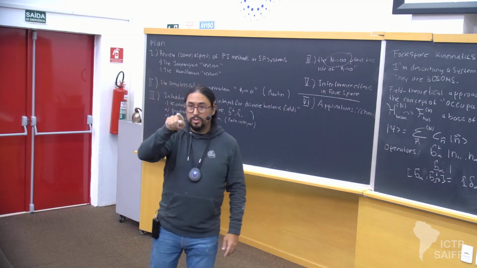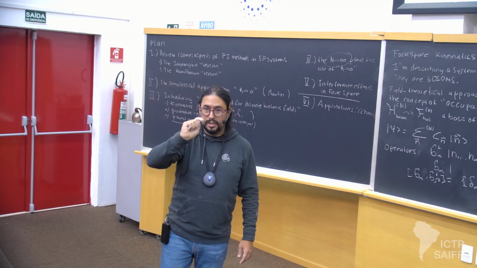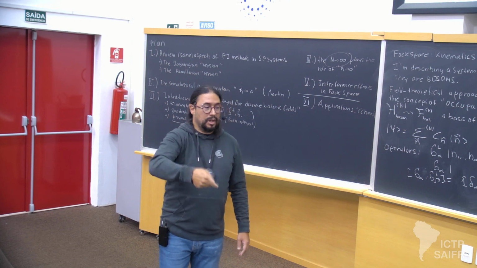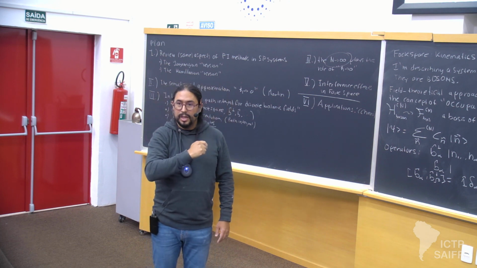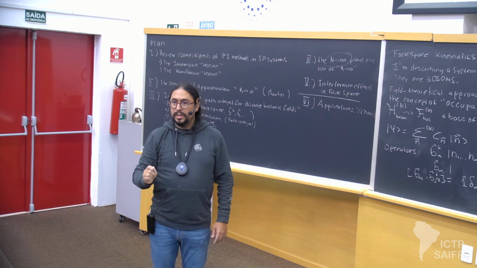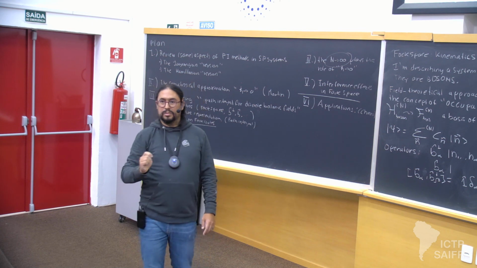Just wait a second. Did you get what I just said? So it will come. I will show that the relevant parameter is the number of particles under certain conditions. And so I will satisfy your question in a moment.